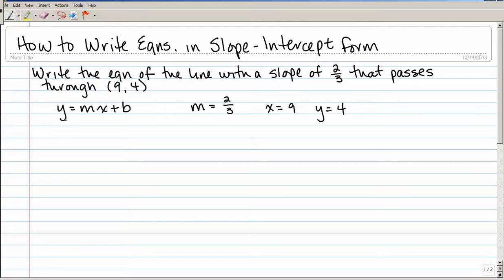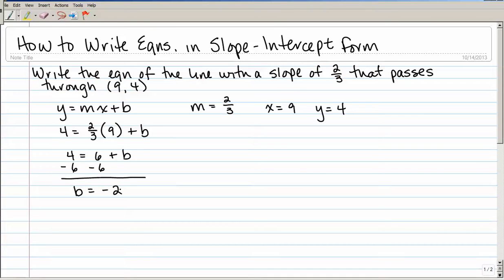So let's plug those into this equation here. So y is 4, my slope is 2/3, and my x is 9, and I need to find my b. Now let's solve that equation for b. So 4 equals 2/3 times 9, which is 6, plus b, and subtracting 6 from both sides, b is equal to -2.